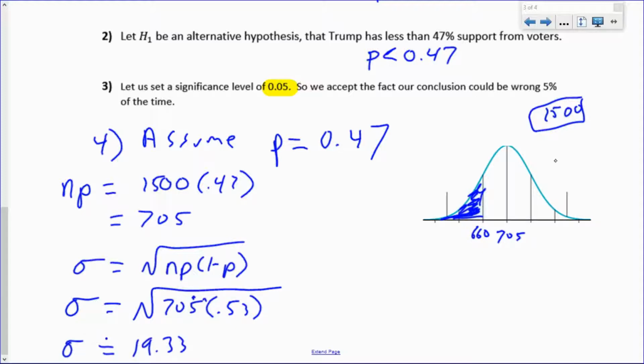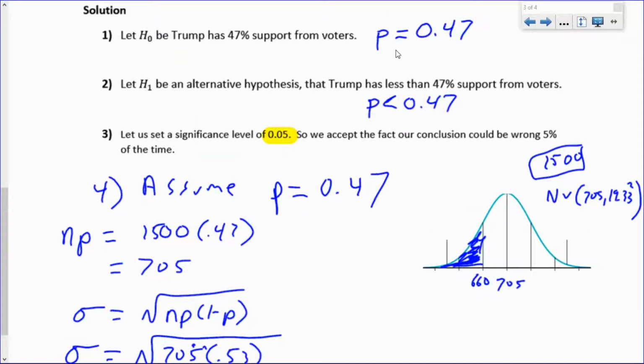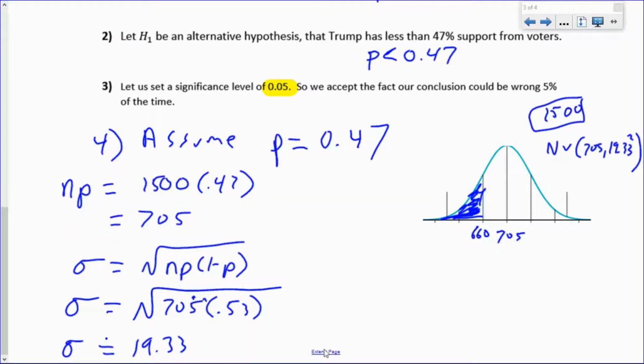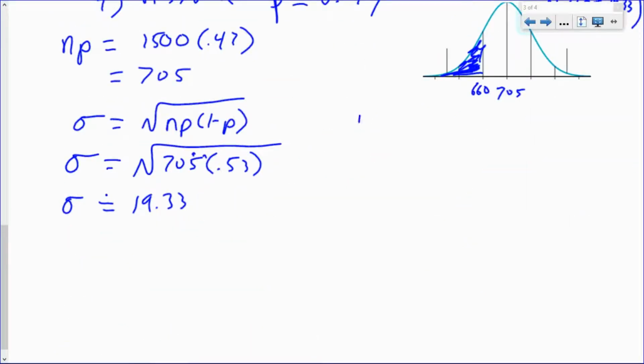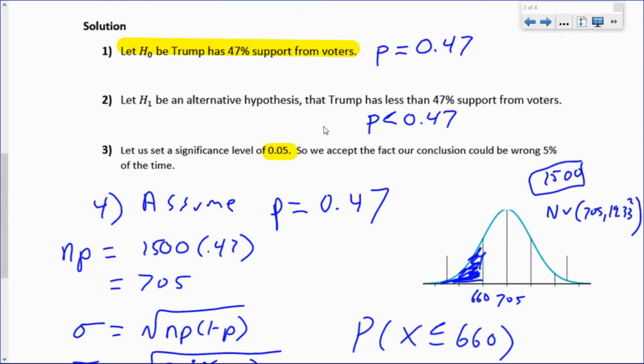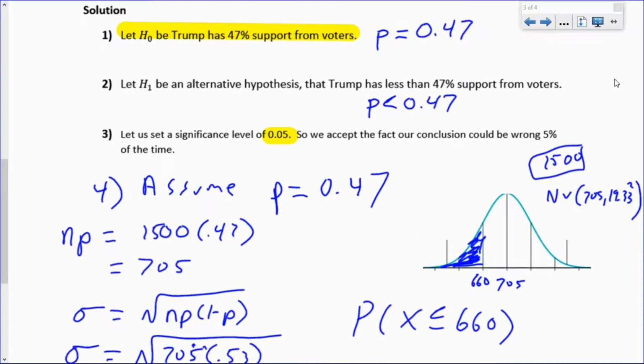And so this curve I've drawn here is normally distributed with a mean of 705 and a standard deviation of 19.33. That describes what we would expect to happen with 1,500 people in this survey if the null hypothesis is in fact true. So now again, we're looking at what's the probability that we come up with 660 or less. Why do we want to know less? Because we want to compare it to H1, which is the fact that his support has dropped.